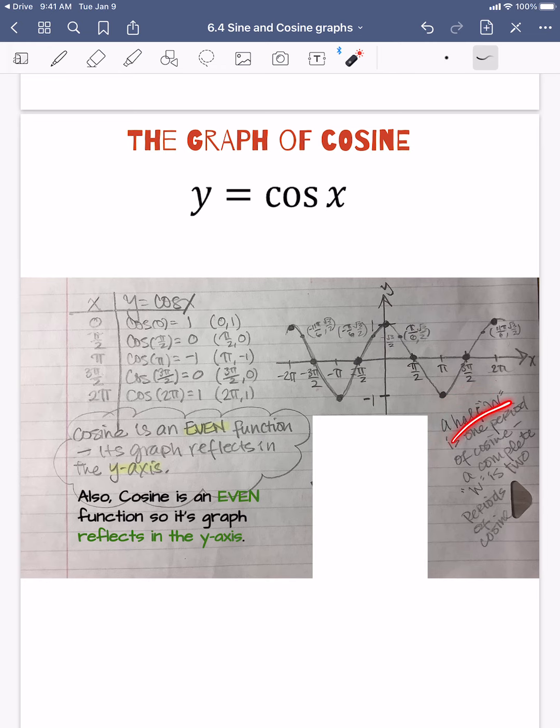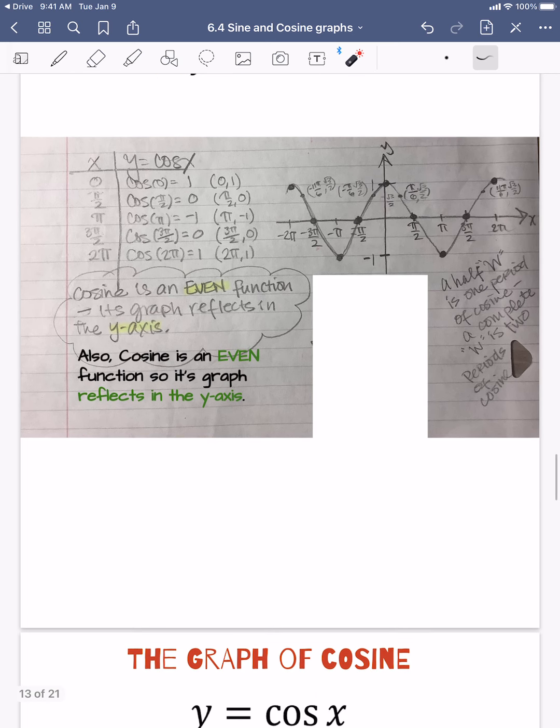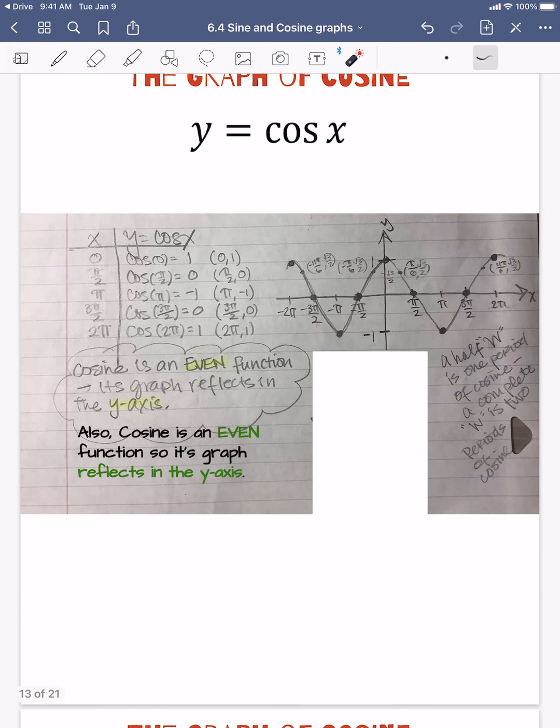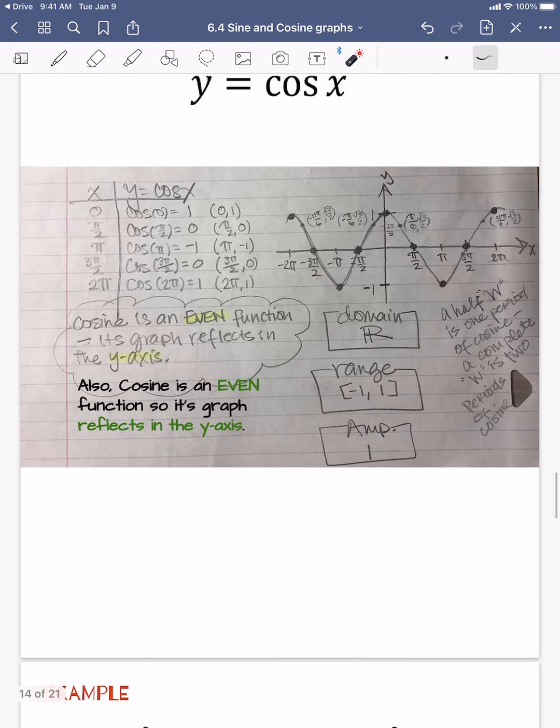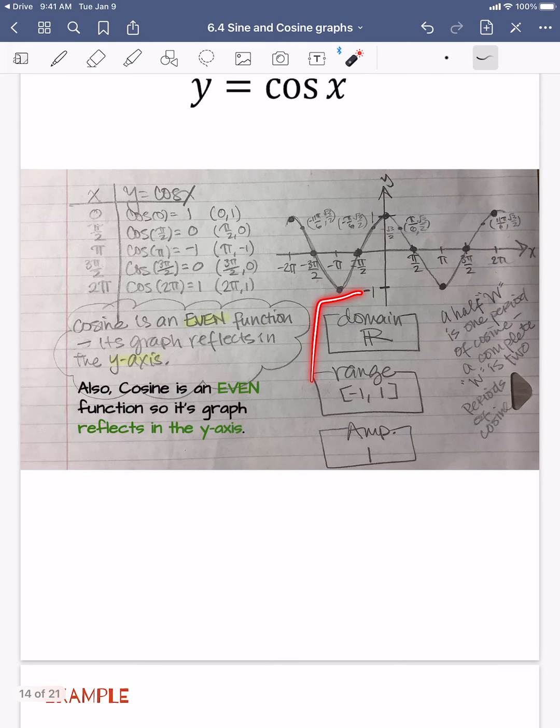So you know you have two periods of cosine when you've got this W. You could have two periods of cosine and not have a W, and make it look just like sine. But for now, we're going to make it look like a W, or maybe an M, if the transformation is reflecting it in the x-axis. Then I went on to say its domain, range, and amplitude are just like sine.